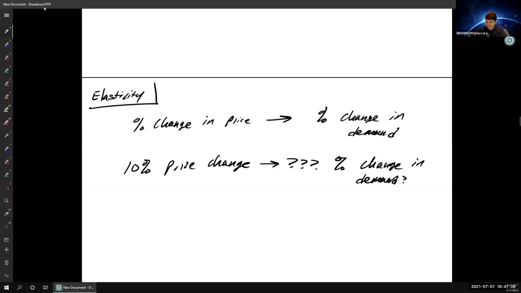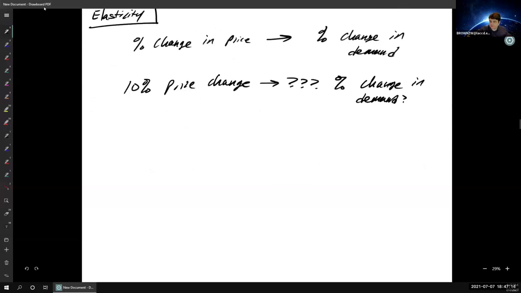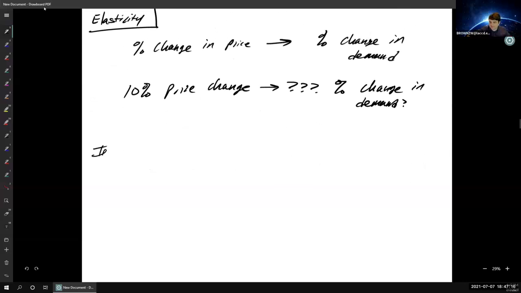And there are two types of goods, what we call inelastic and elastic goods.